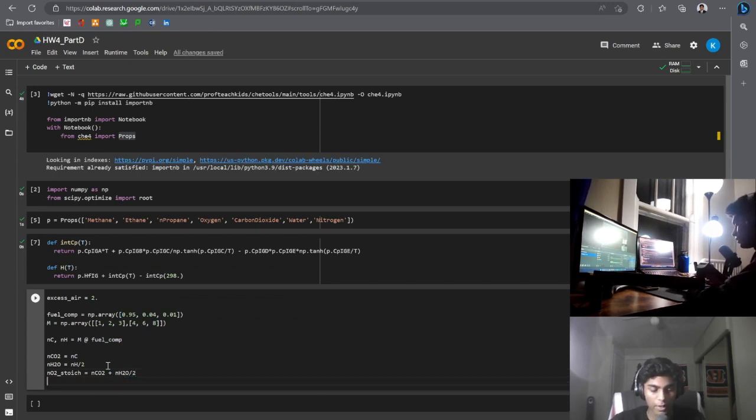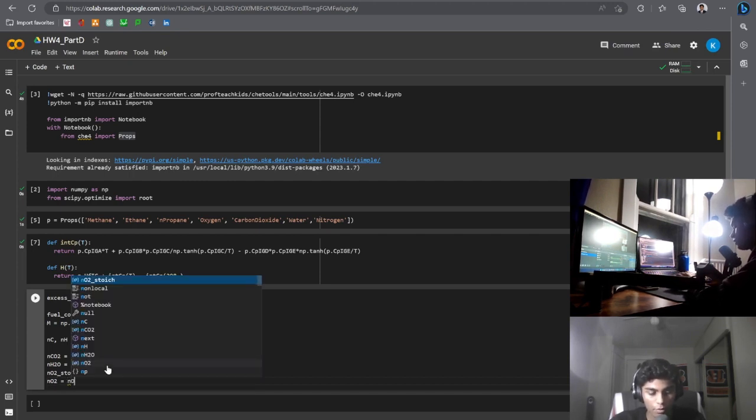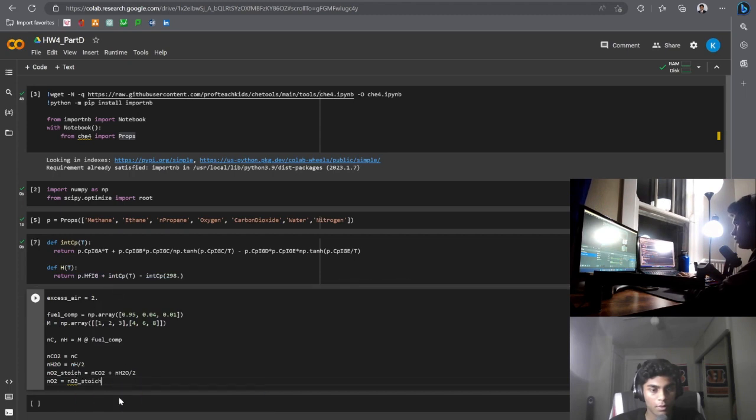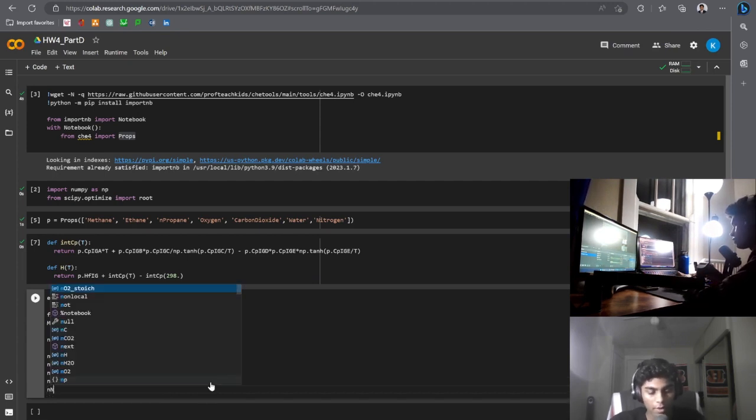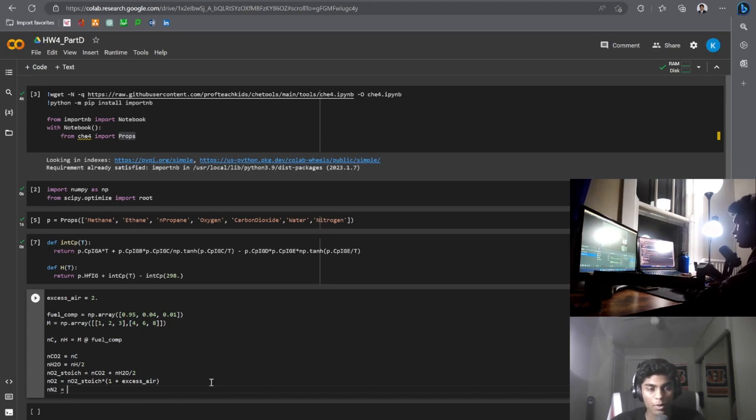And thus we can also calculate the total amount of O2 in the system by multiplying the stoichiometric amount of O2 by 1 plus the excess air. Lastly, we want the moles of nitrogen, as that is still part of the equation.